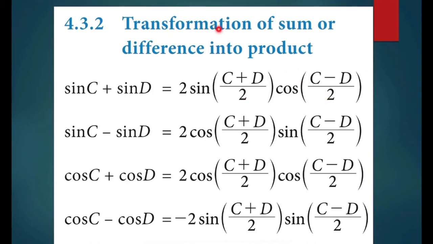This is the transformation of sum or difference to product. So both are sin. So I choose the first formula, sin c plus sin d equal to 2 sin c plus d by 2 cos c minus d by 2. This formula will suit. I am going to write according to this.